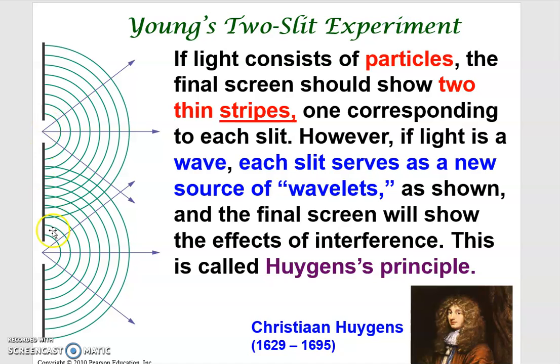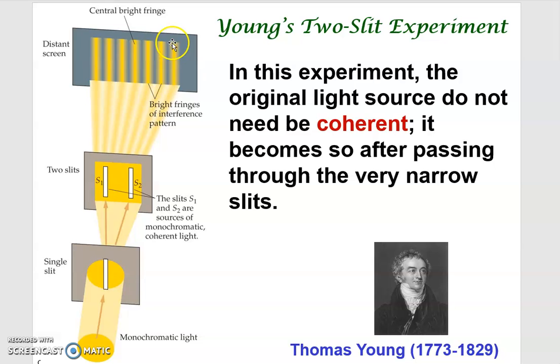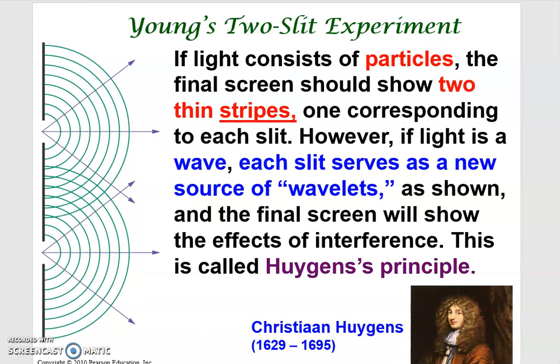So this is S1 and S2. The wave will propagate outward, and for sure during the propagation interference happens. Depending on where you stand in the space, you will find that in some regions it is a bright strip, and in some regions it is a dark strip. This wave explanation for Young's double slit experiment is the so-called Huygens principle.